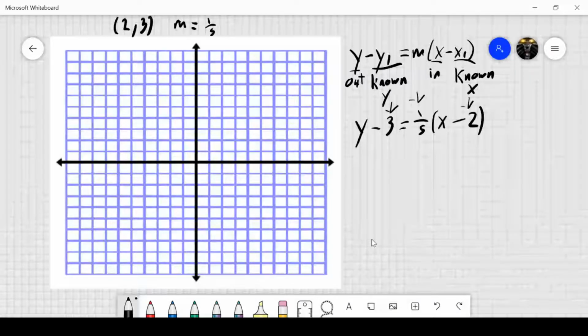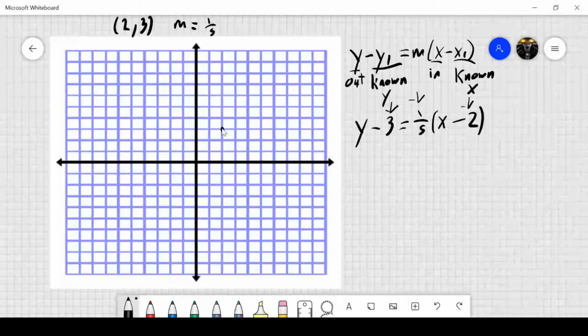So we can actually plot that now. So (2, 3), then up 1, over 5.